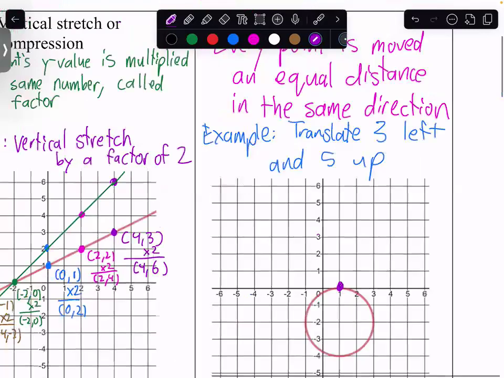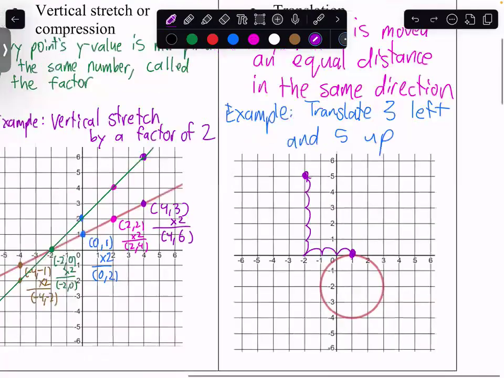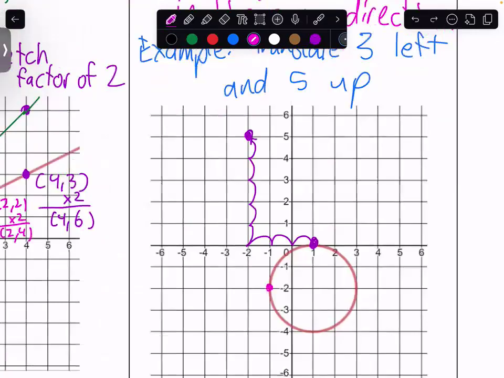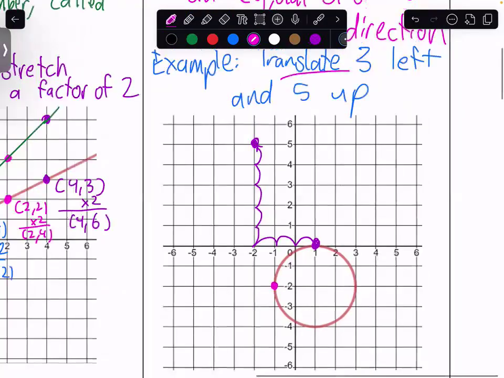We want to move that point 3 left and 5 up. So this point will end up right here. And we just repeat for a few more points. Again, look for a point that is on the grid. All the way over here at -1, -2, there's another clear dot. And again, all points move 3 left and 5 up.